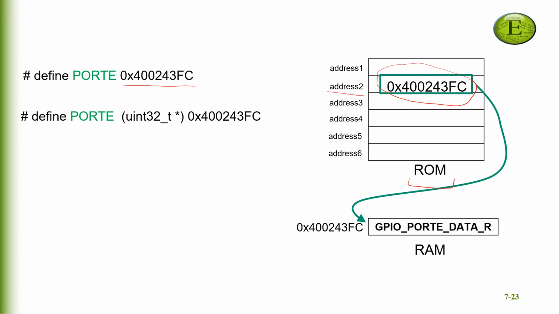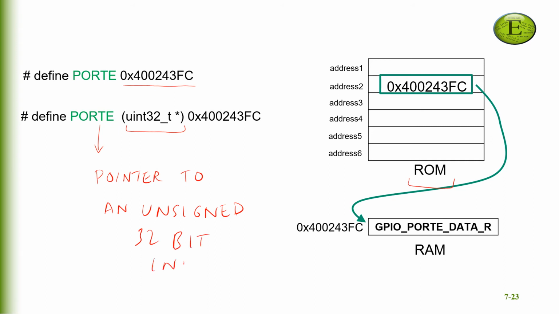However, if we modify the command by adding a typecasting operator over here, this really means that we are making port E a pointer to an unsigned 32-bit integer. So remember, after inserting uint32_t, we are making port E a pointer to an unsigned 32-bit number.